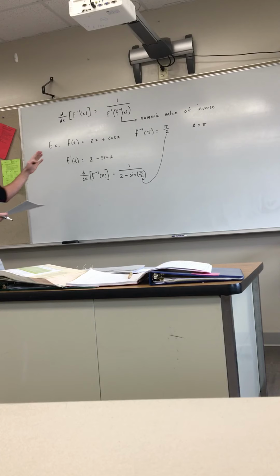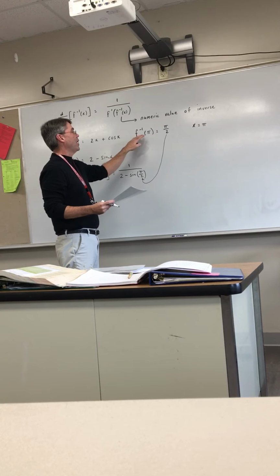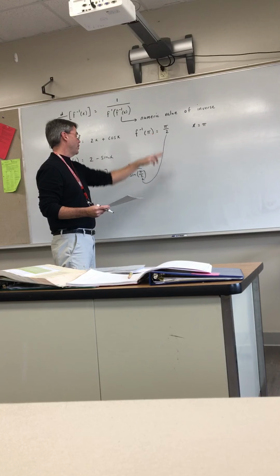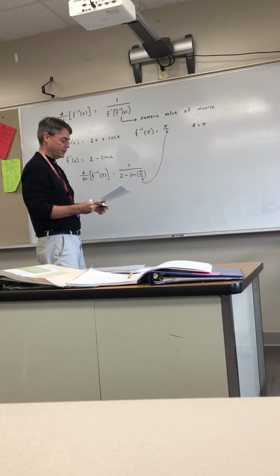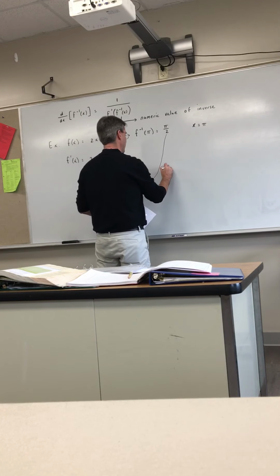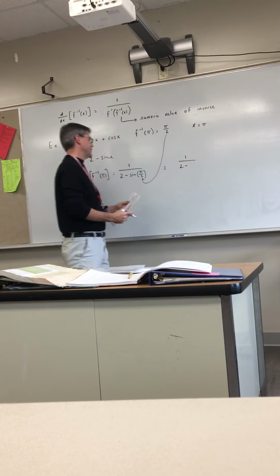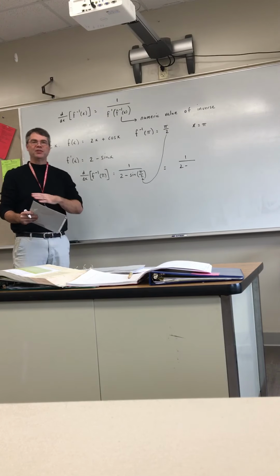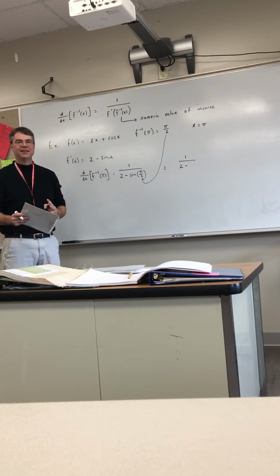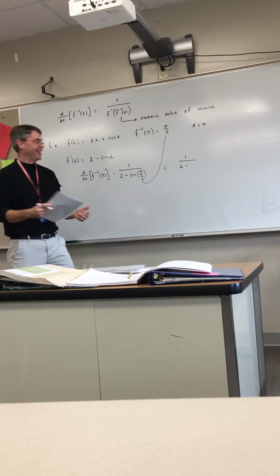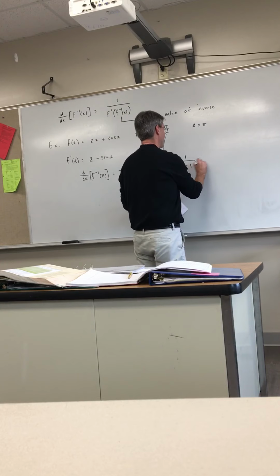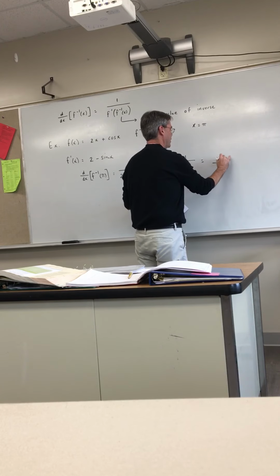So the value of the inverse, the y value at pi, is pi over 2. So that's what you plug in. All right, so that's just going to be 1 over 2 minus, and do you remember what the sine of pi over 2 is? It's the one that's straight up. Is it 0? No, it's 1. So that's 1 over 2 minus 1, which is 1.